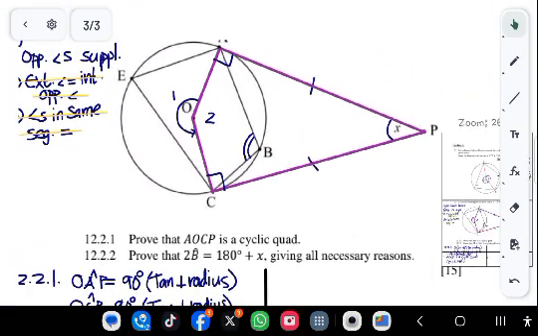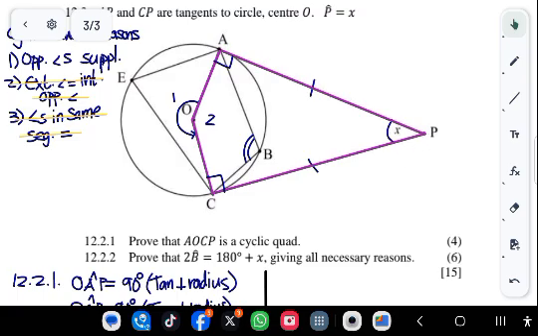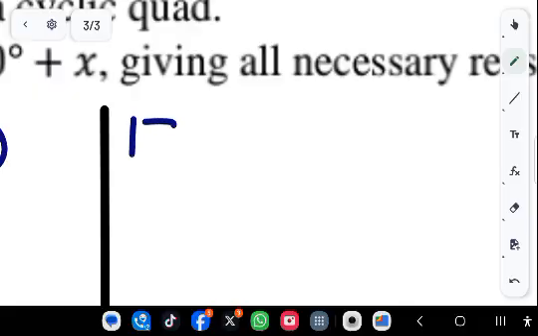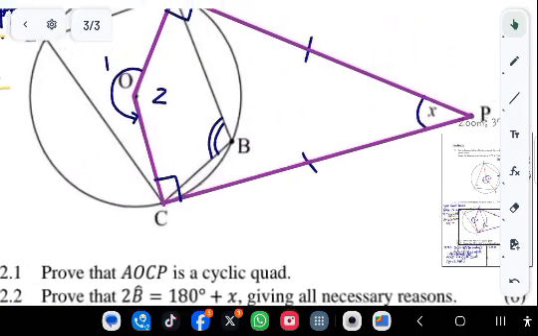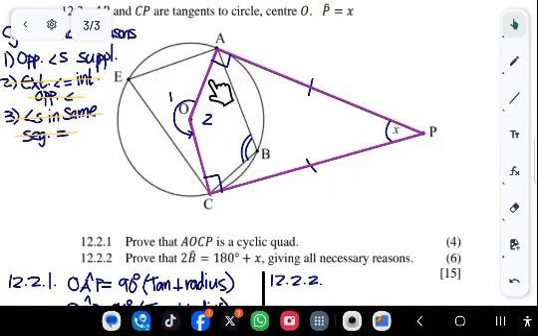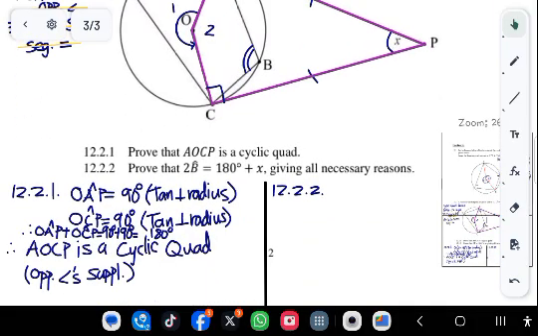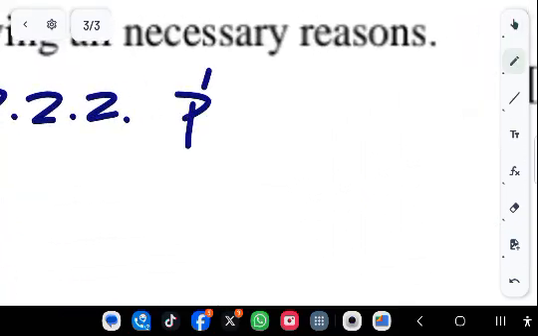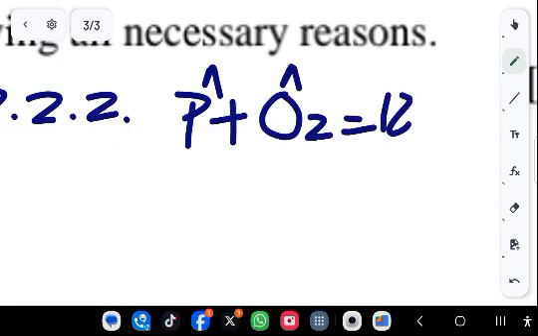So let's start with O2 plus x. Notice that angle P plus angle AOC, which is angle O2, add up to 180 degrees. Angle P plus angle O2 equals 180 degrees.